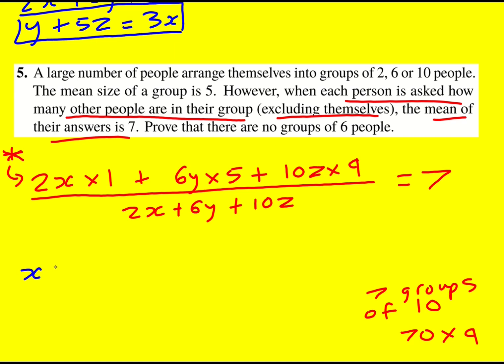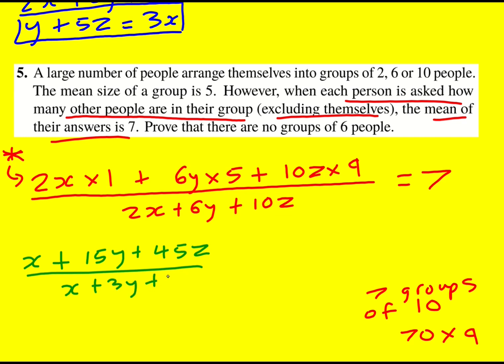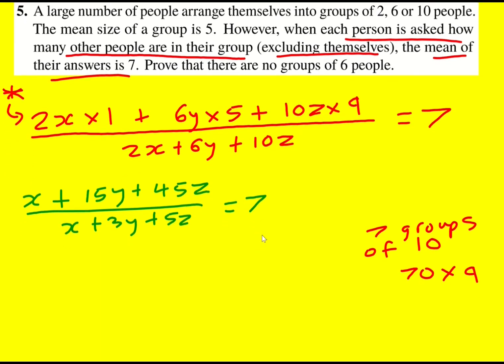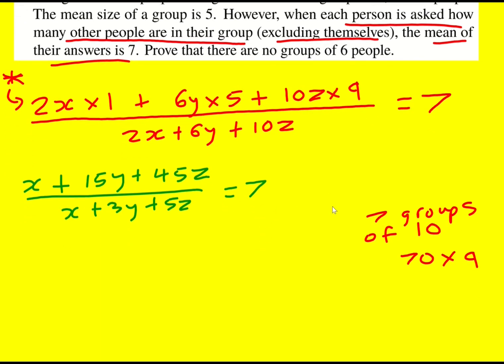So X plus 15Y plus 45Z divided by X plus 3Y plus 5Z is going to equal 7. That step is not essential, but we're going to have to divide through by 2 at some point, so might as well do it now.